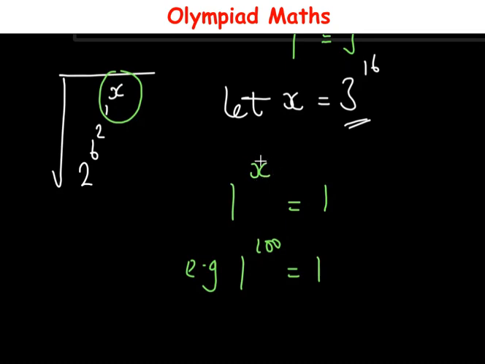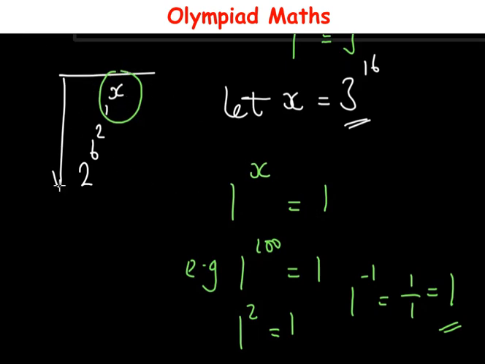If x is equal to 2, 1 raised to power 2, we still get the value to equal 1. Same thing also if x equals minus 1, 1 raised to power minus 1 equals 1 over 1, and this will still give us 1. So this means that if x is a real number, 1 raised to that same real number, you will get the value to equal 1. So from here, the value of 1 raised to power x is equal to 1.